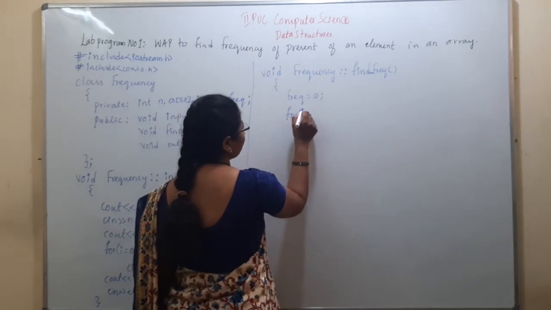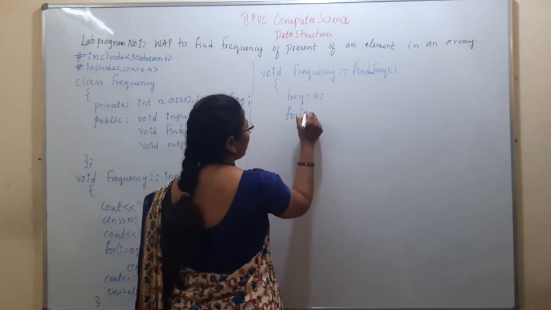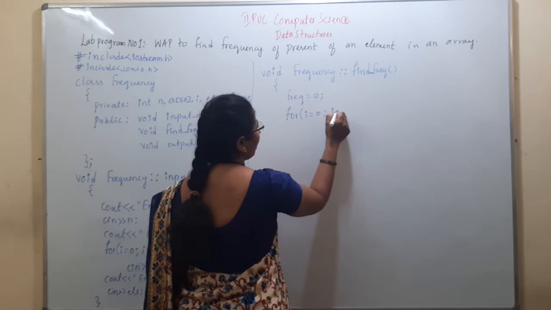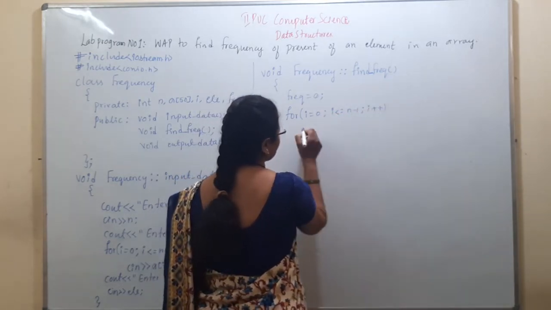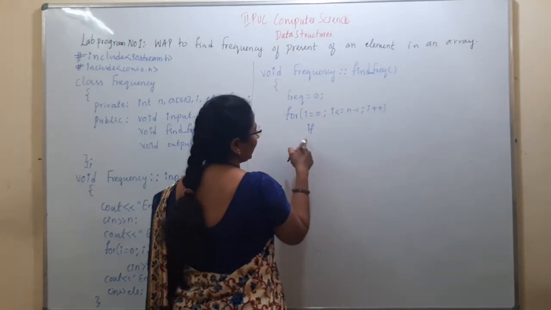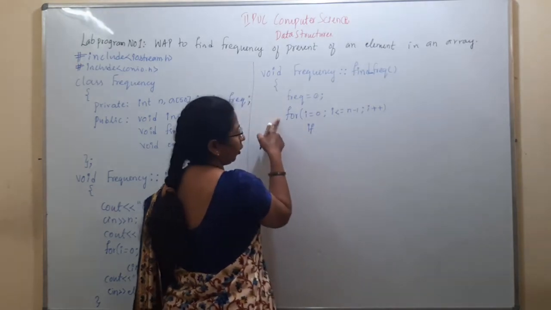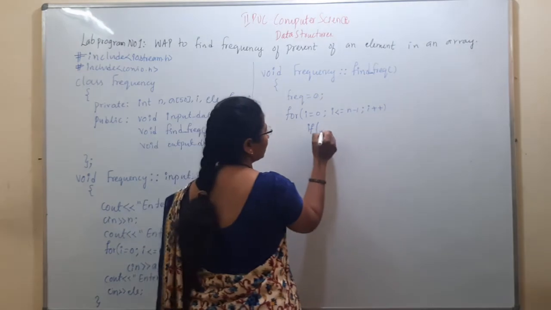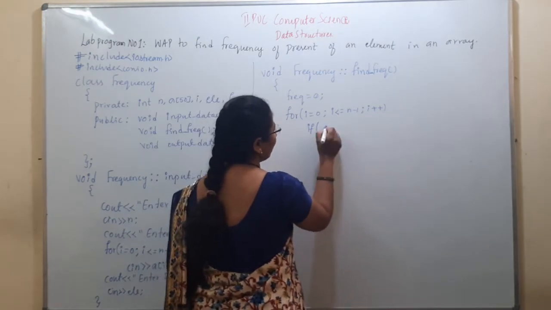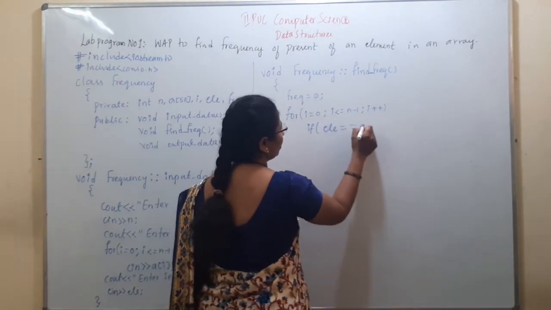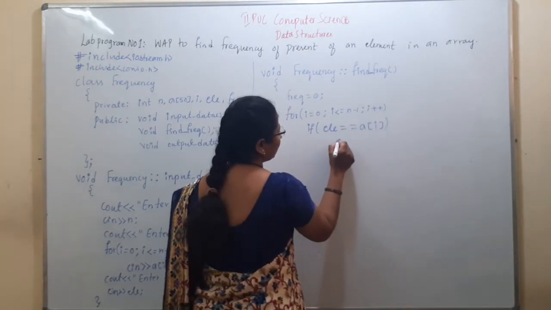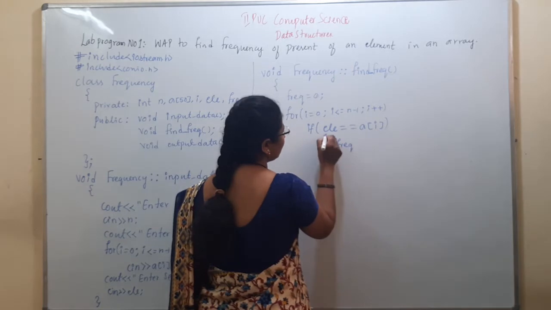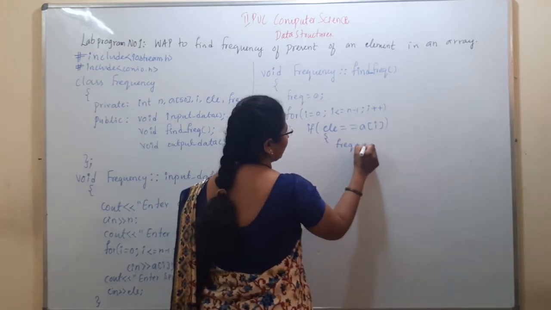Then traversal begins with i equal to 0, i less than or equal to n minus 1, i plus plus. Here we are applying the linear search concept. In the for loop we are applying the traversing concept. If the searching element is equal to the given a of i, then increment the frequency count by 1.